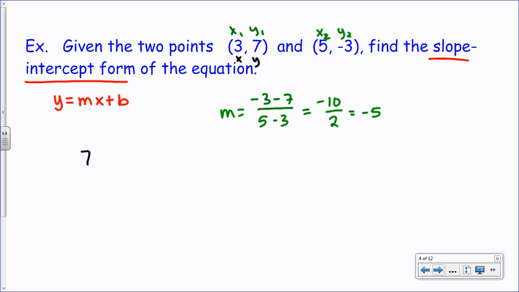So 7 equals -5 times 3. So I'm plugging in 3 and 7 for my x and y, and then -5 for my slope. And now I'm going to solve for b.